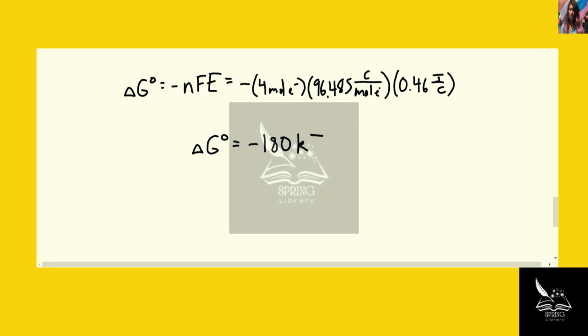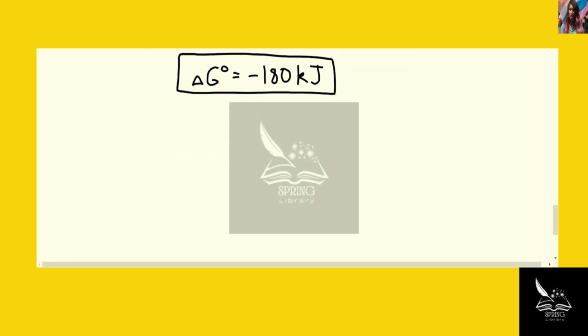And we can verify from the negative value of delta G that this reaction is spontaneous. And for K, we use the Nernst equation again, knowing that the cell potential will be 0 at equilibrium.